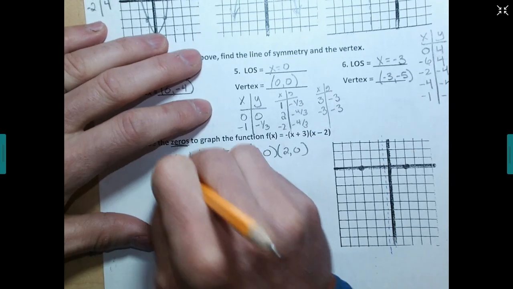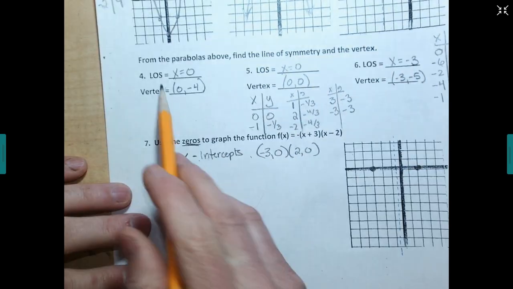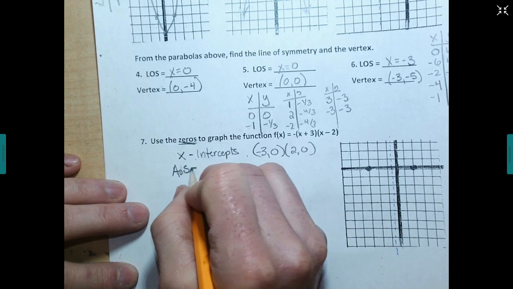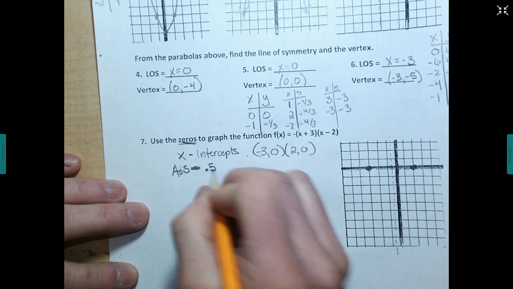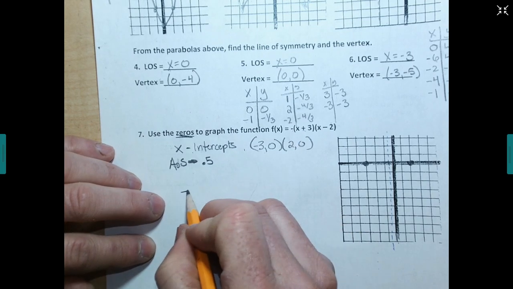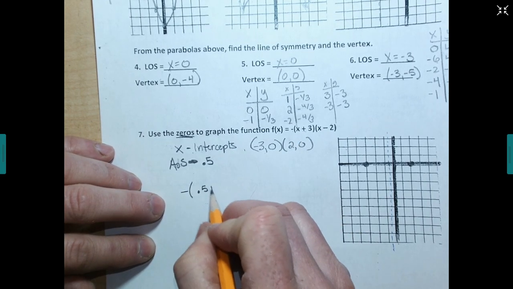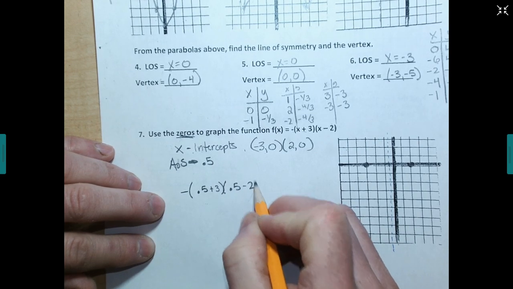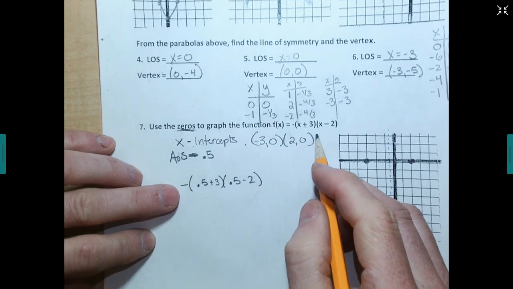Well, we've been doing axis of symmetry this whole time. Davies does line of symmetry. We do axis of symmetry. So my axis of symmetry is negative 0.5. So I'm going to go ahead and plug it back into here. So I have negative 0.5 plus 3 times negative 0.5 minus 2. I just plugged it into this equation.